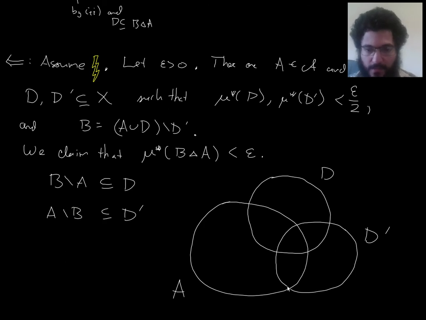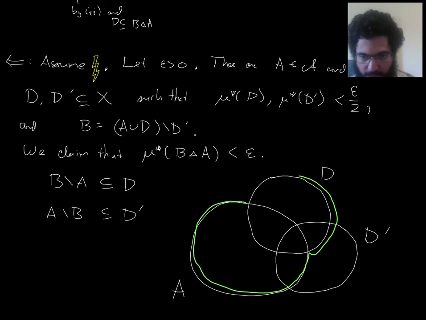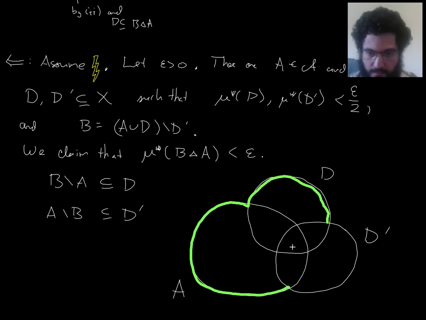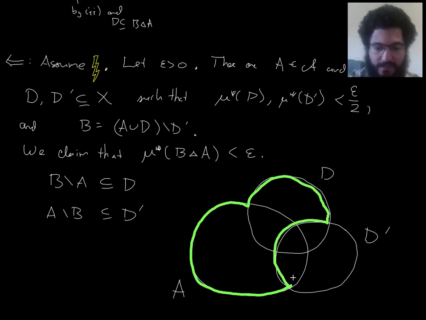B would be A, then union D, so imagine now the union of these two disks like that, that's A union D, and then take a byte out of it, so cut out D prime here. So you should get this. So that's B in green.